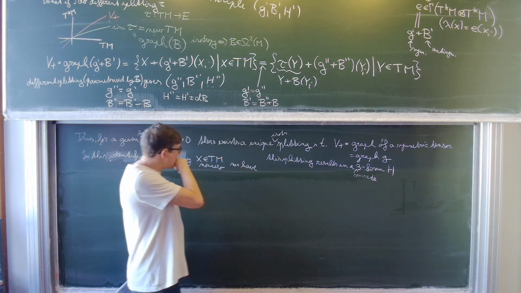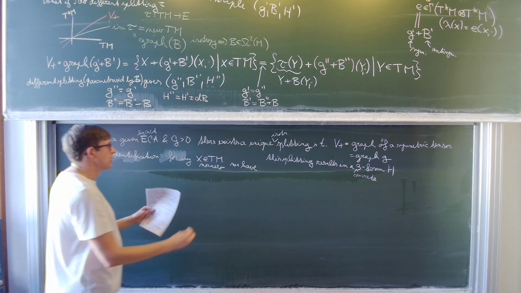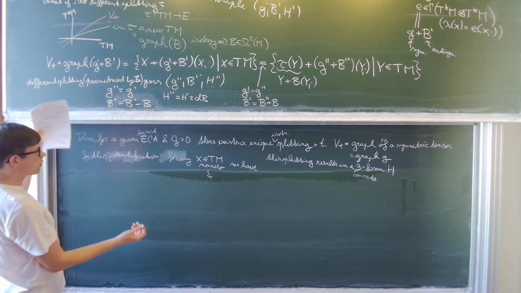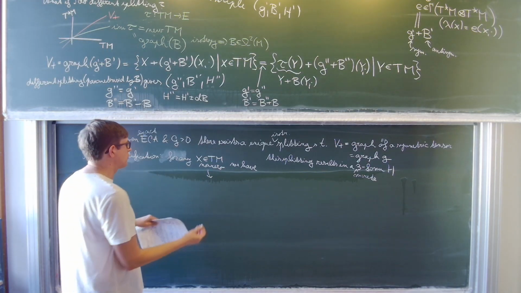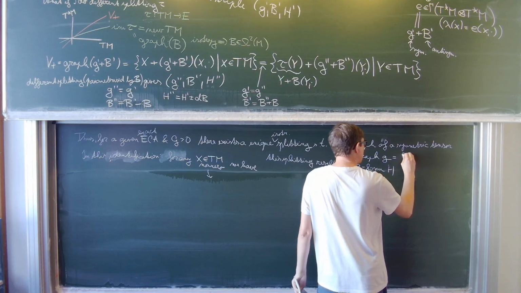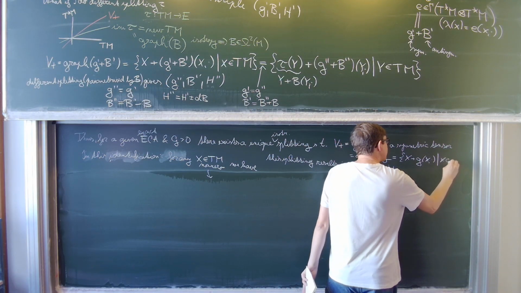We can lift it to an element of V plus. Because V plus was the graph of this, so it was all x plus g x.